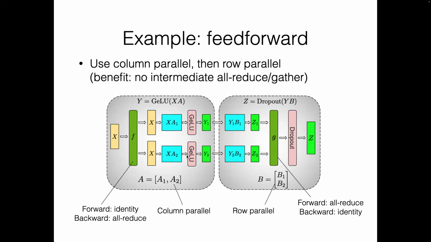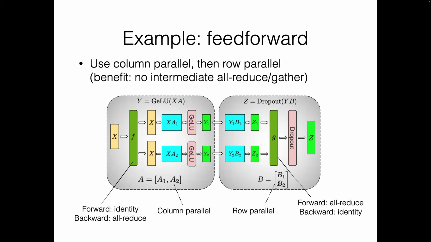So here's just showing you two examples of how people might do it in practice with transformers. It turns out that if you want to parallelize the feed forward layer in a transformer, it might have two subsequent linear weight layers. And so it's actually more efficient in terms of communication to do this column parallel split followed by a row parallel split.